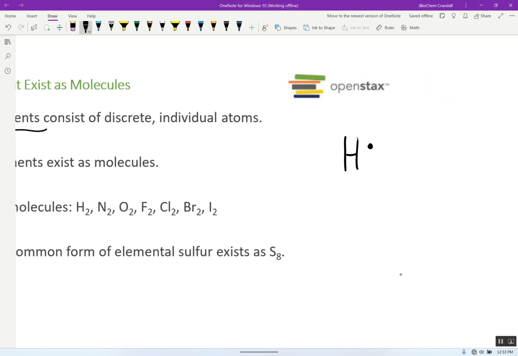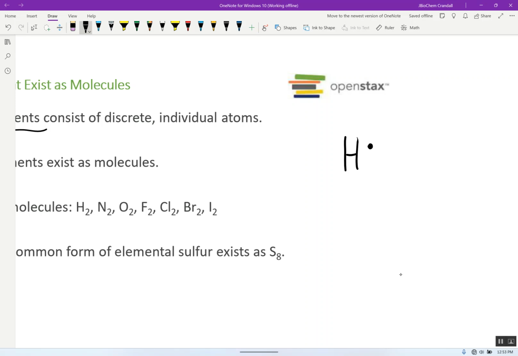Hydrogen has one valence electron. Does everybody know what I mean when I say valence electron? Okay, that's right, the outer shell electrons. That's where chemistry takes place, on the outside, not the core electrons, the ones on the inside.